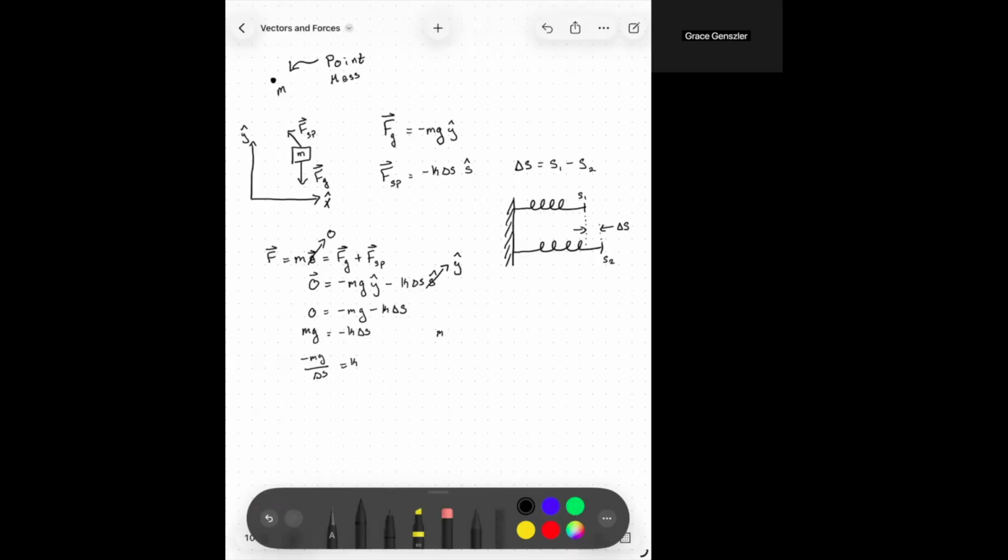So here are all of our known quantities. M, my mass, is 47 kilograms. G, the gravitational constant due to gravity at sea level, is 9.81 meters per second squared. And the spring displacement is that 5.606 centimeters we just solved for.